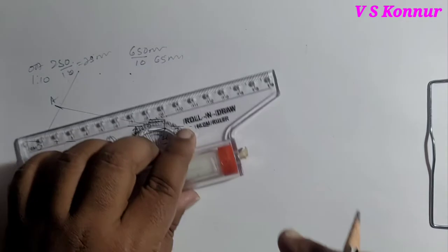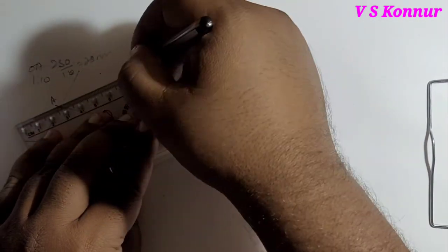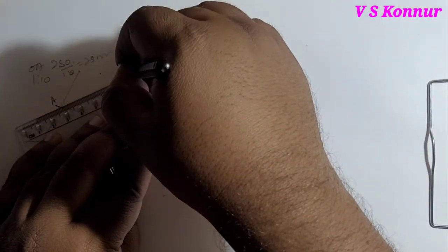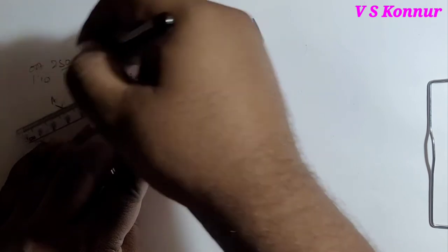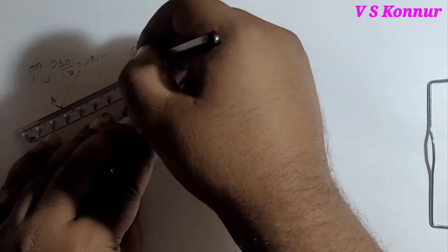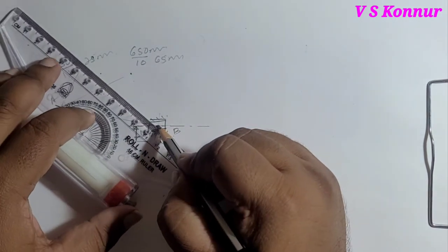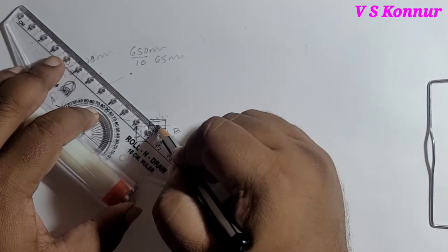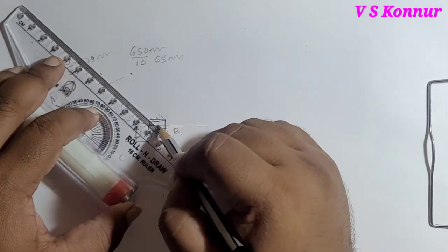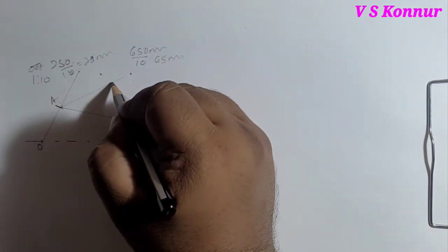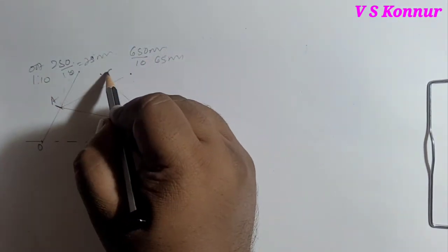Then just extend, both will intersect at one point. And then extend this point for 30 degree. It will intersect at this point. So that point is called as C.